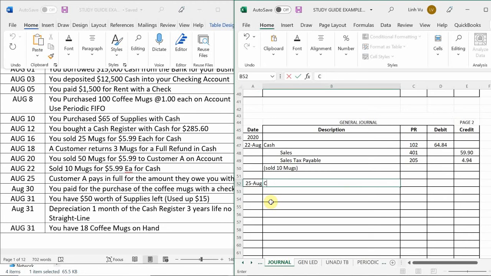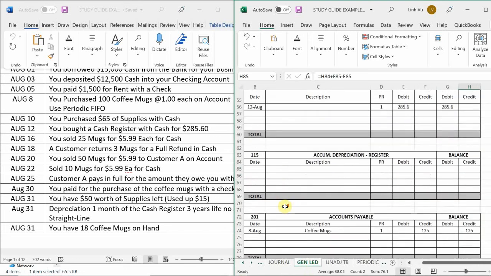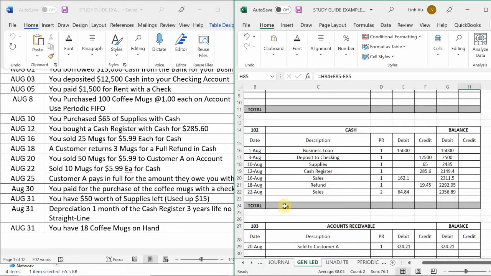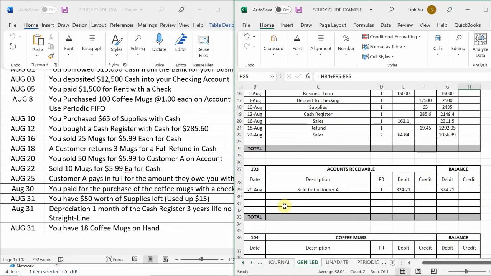Checking and accounts receivable. So in this case, 101 to 103, for accounts receivable of $324.21. Good.